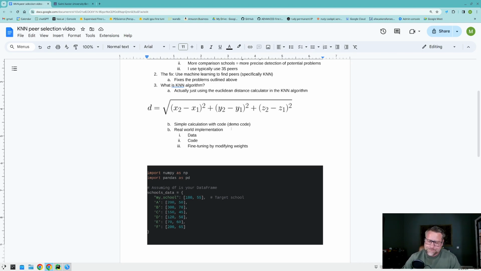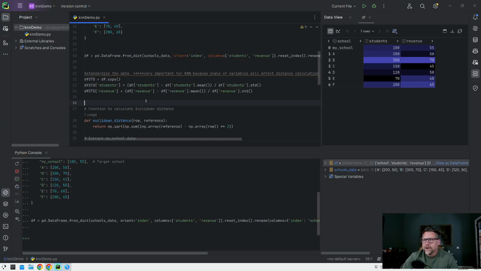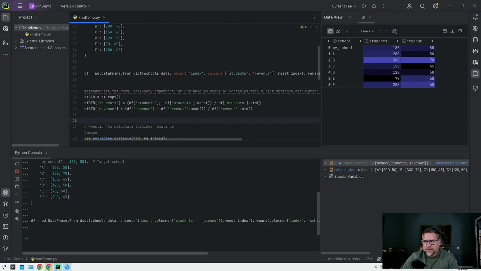or the most similar revenue. So to counteract that, all we have to do is put all of the variables on the same scale. And the way that's typically done is by standardizing them. So for example, for students, that's what I'm doing here.